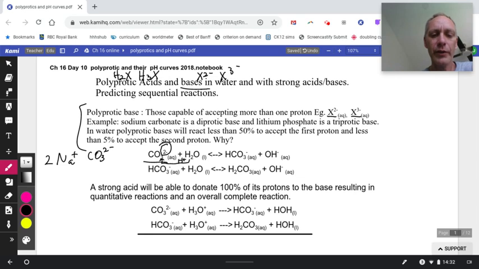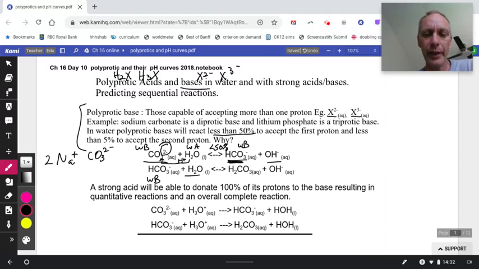So that means water is acting as our weak acid, and this is our weak base. And you know that any weak acid and weak base will react less than 50% in equilibrium to create these products. Now, this product is also a weak base, so it can react again with water.